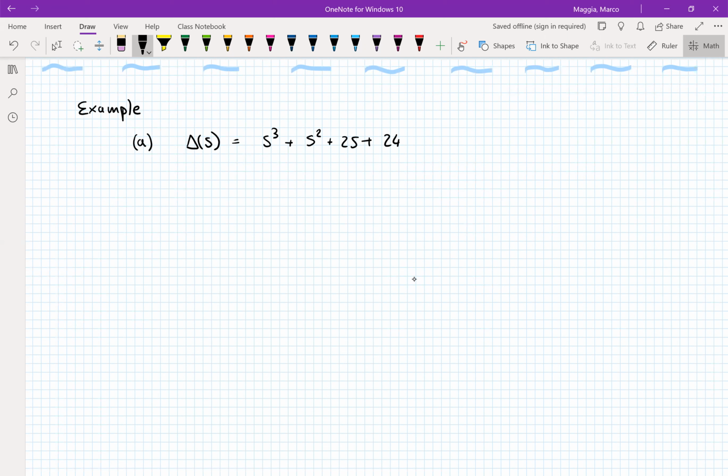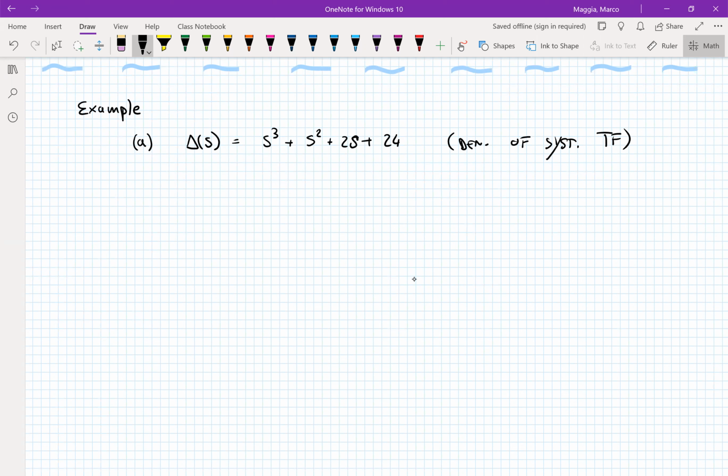Characteristic equation is when you equate it to 0. Anyway, this is not 25, but it's 2 times s.